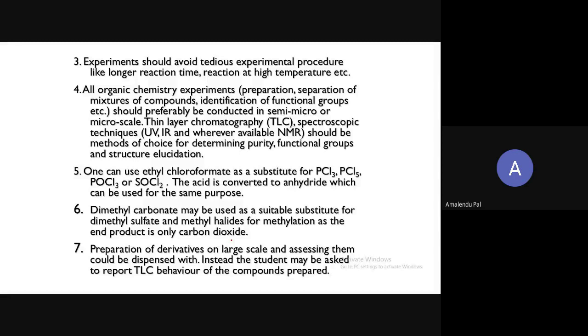So instead of using dimethyl sulfate or methyl halide for methylation, it is better to use dimethyl carbonate. Think about that. That depends upon the experiment, of course. If you have 10 experiments in your lab, then if we do one experiment with dimethyl carbonate, that is better. So we have to find a suitable substitute for methylations.